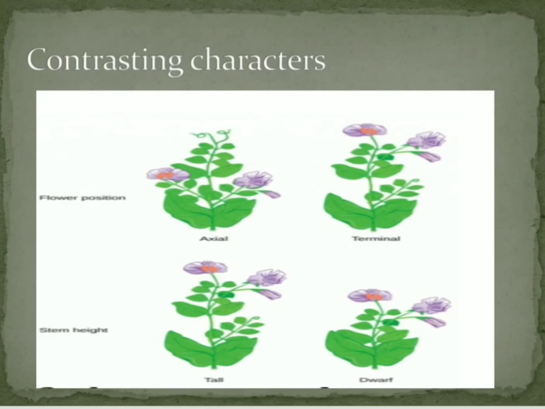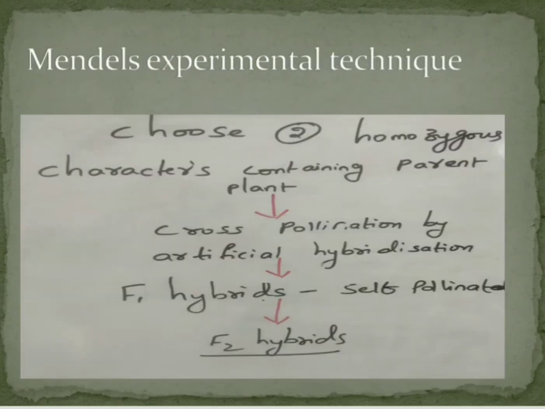On these characters Mendel worked, and he observed the inheritance patterns. So let us see his technique. First he chose parent plants with homozygous characters. He cross-pollinated them using artificial hybridization to get the F1 hybrids.